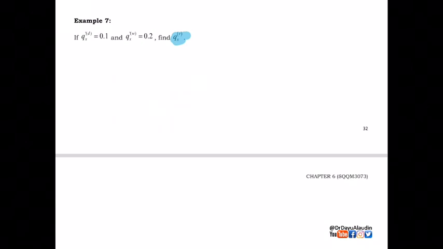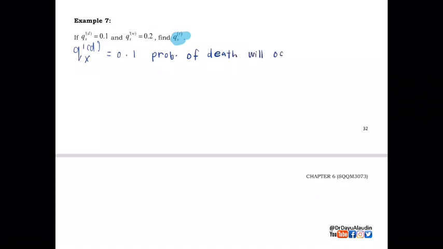So how to find that? qx^(d), meaning 0.1, represents the probability that death will occur prior to or before age x plus 1.